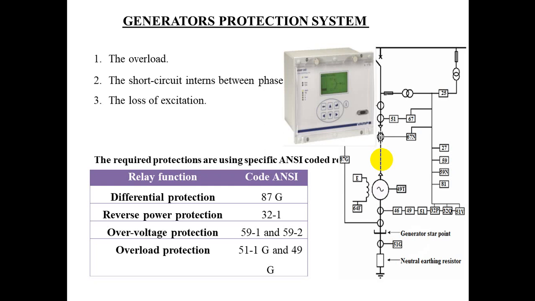Low vacuum protection. This protection usually is in the form of a regulator, which compares the vacuum against atmospheric pressure. It's normally fitted to generator sets above 30 megawatt.